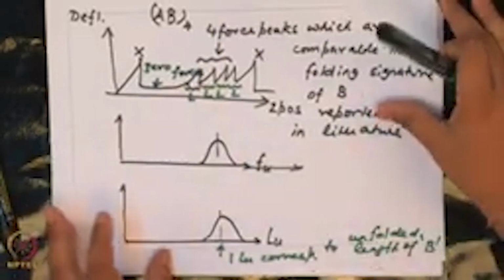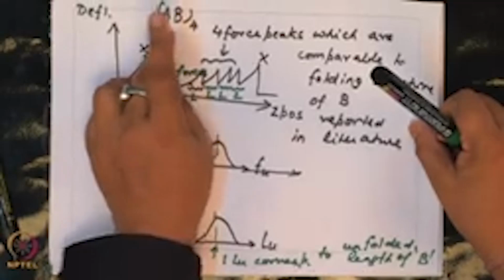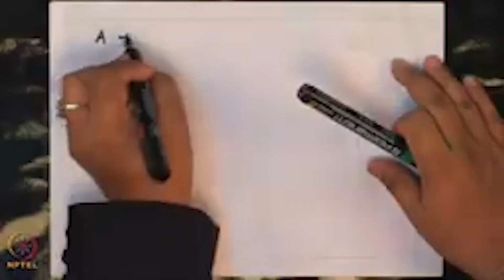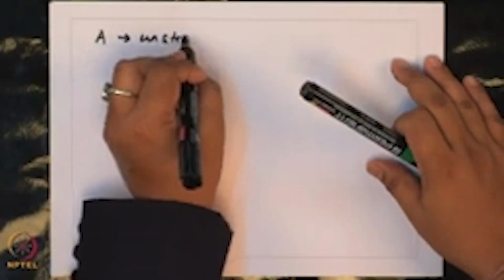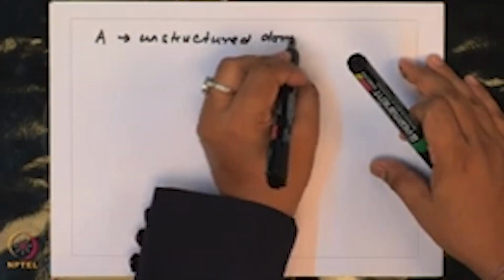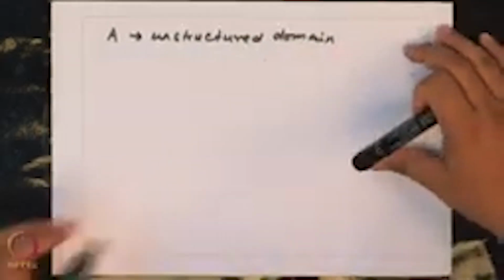What is it possibly? I would argue that this kind of force signature would suggest that this particular domain A is unstructured. Okay, so let us think of a possibility. What I am saying is A is an unstructured domain. And on what basis do I say it?